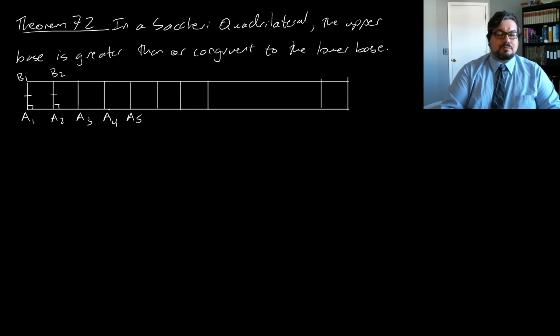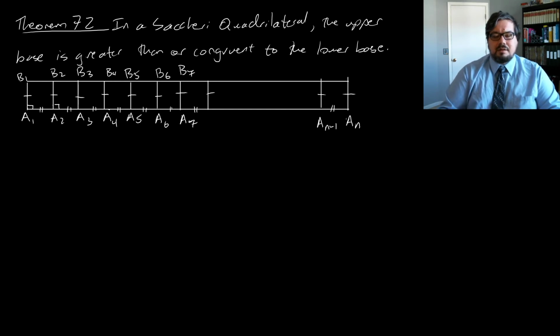and then we're going to build copies of this by building out more points, A2, A3, A4, A5, A6, A7, etc., all up to AN, AN minus 1 to AN. And we're going to construct these points B3, B4, B5, etc. out here.